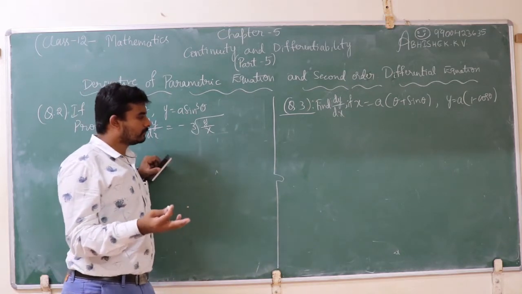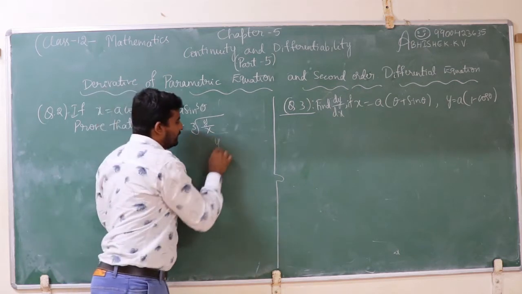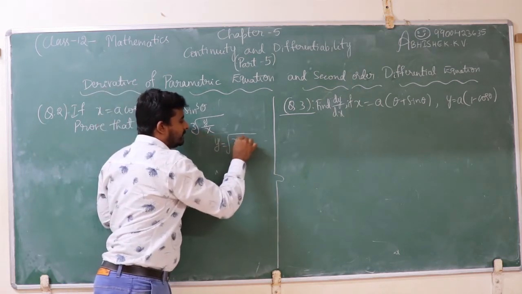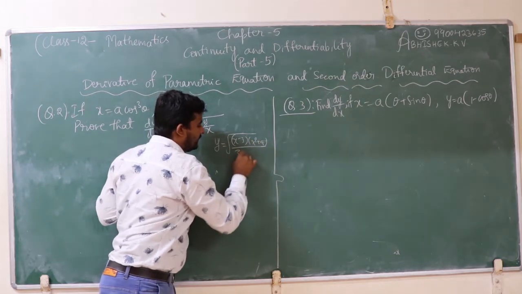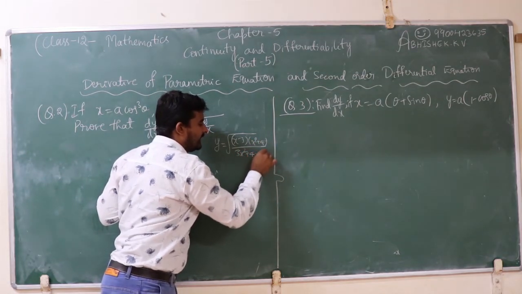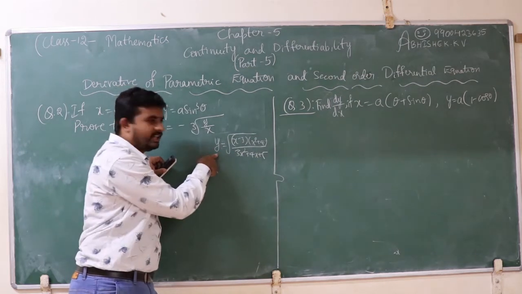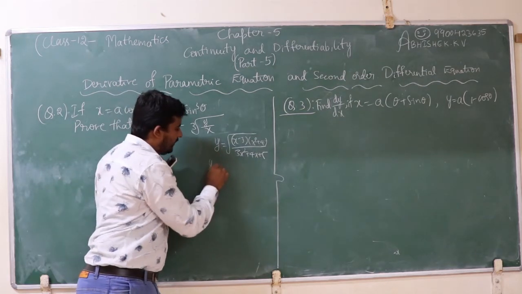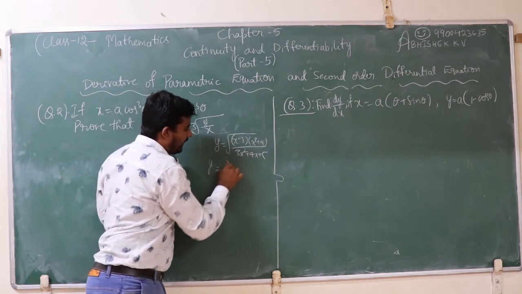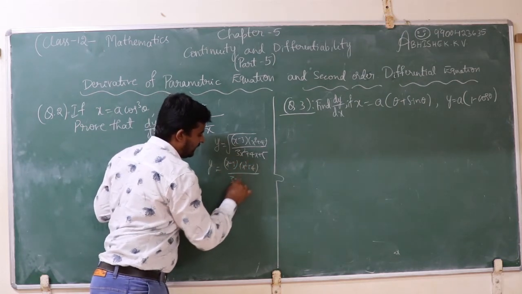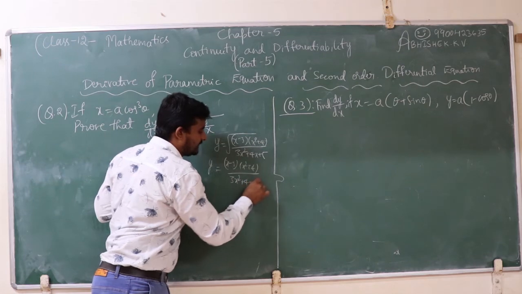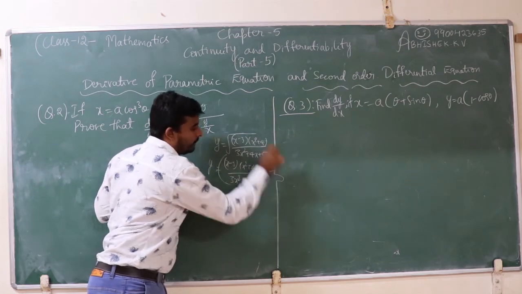Okay? Then last class we did y is equal to the square root of x minus 3 x square plus 4 divided by 3x square plus 4x plus 5. Here we need to convert this. We can write x minus 3 x square plus 4 divided by 3x square plus 4x plus 5, whole to the power of 1 by 2.